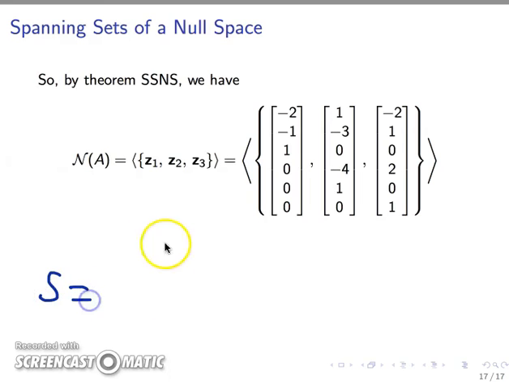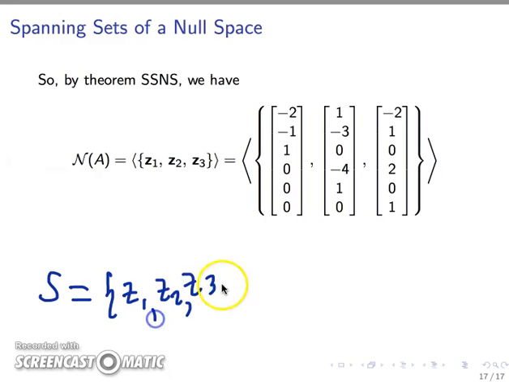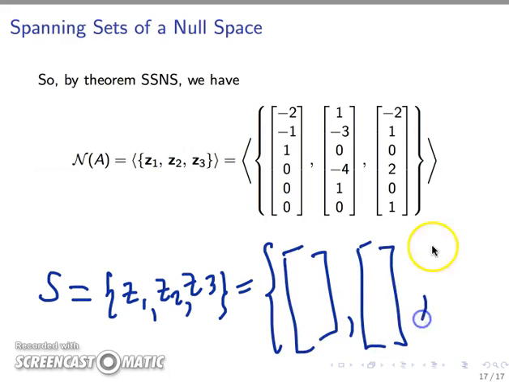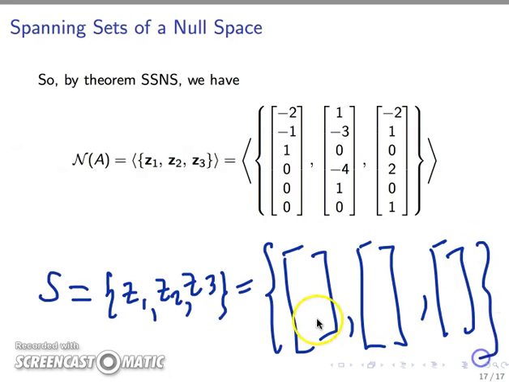The set S is the set given by vectors z1, z2, and z3. In fact, this set alone would be the set that contains these 3 vectors, and I would have to write here what each of those vectors is.